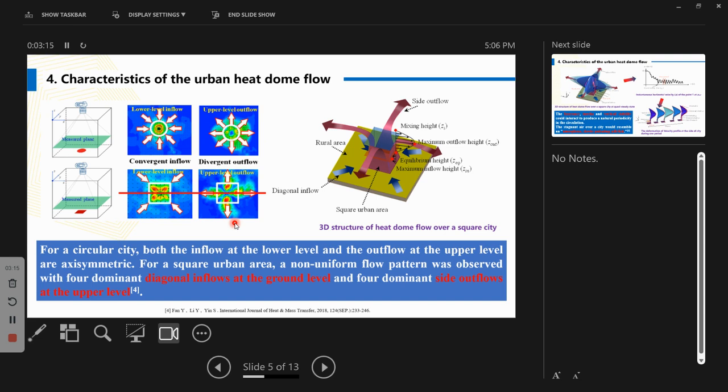Previous studies have shown some characteristics of the urban heat dome flow. For a circular city, both the inflow at the low level and the outflow at the upper level are axisymmetric. For a square city, however, no uniform flow pattern was observed, with diagonal inflow at the low level and side outflow at the upper level.